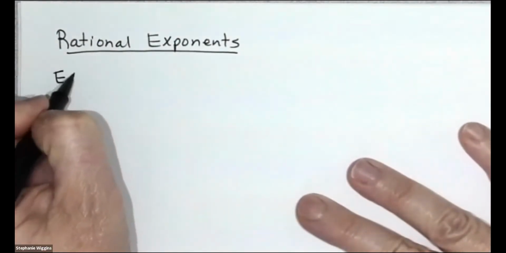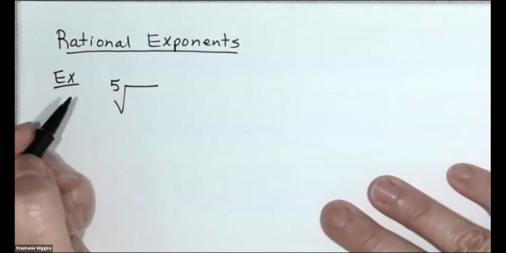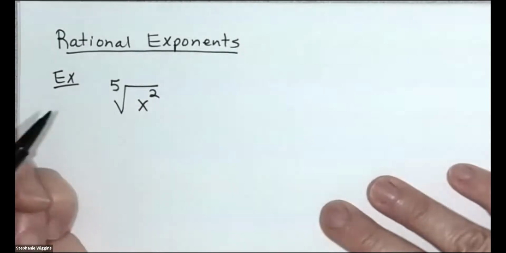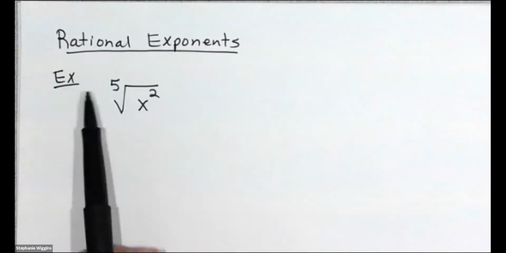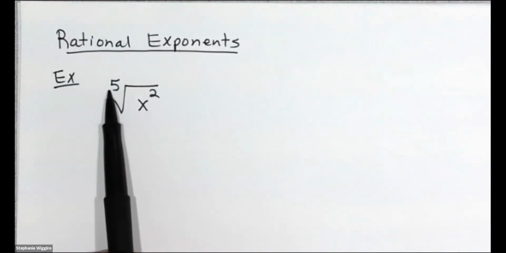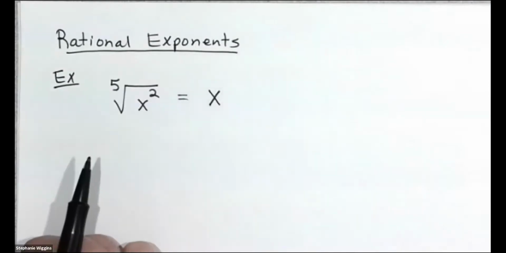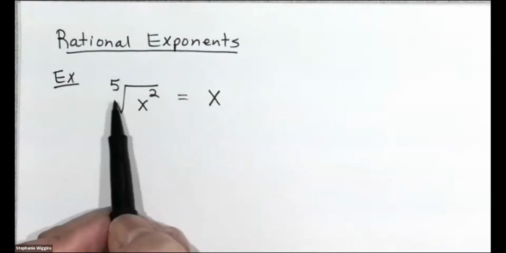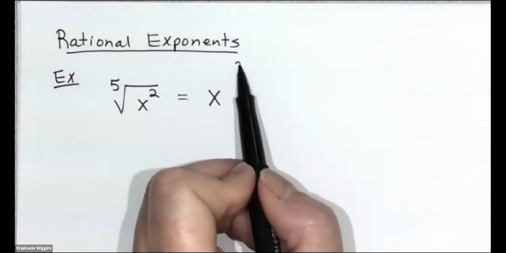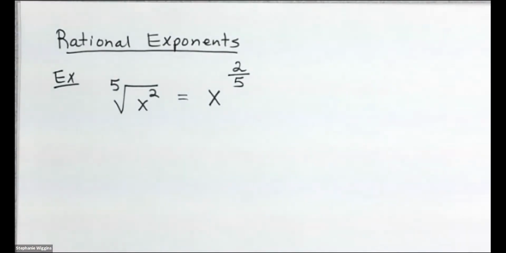So, for example, let's suppose you have the 5th root of x squared. Okay, 2 is the power on x, and 5 is the root. So the way we would express this with a rational exponent is the base is x, that's always going to be on the bottom, and then your power is going to be in the numerator of the exponent, and your root is going to be in the denominator. So it's x to the 2/5.